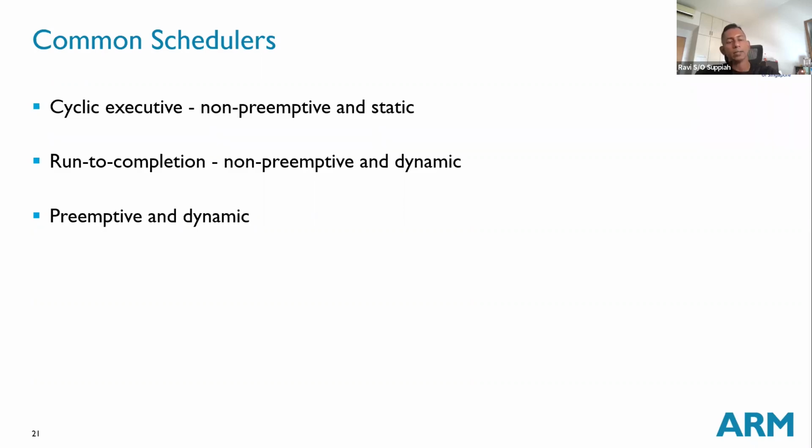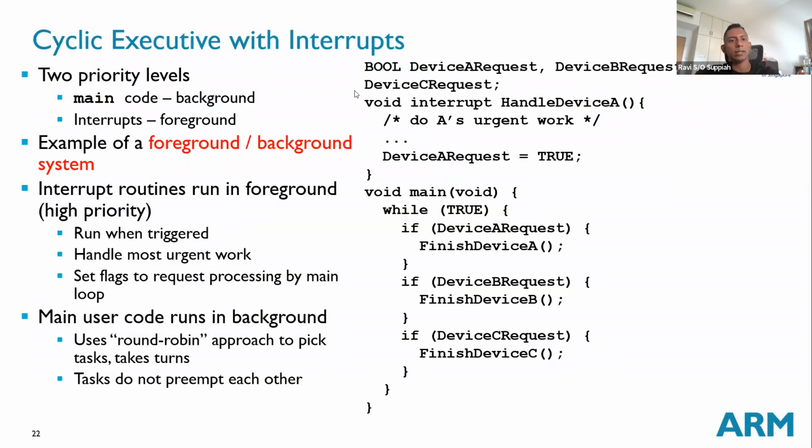Okay, so in terms of the schedulers, these are the ones that we just saw. All right. Again, I'm just showing some examples of how it can be done in pseudocode. So if you talk about a very simple cyclic executive with interrupts, that means you run everything in sequence and then you use interrupts to handle it.